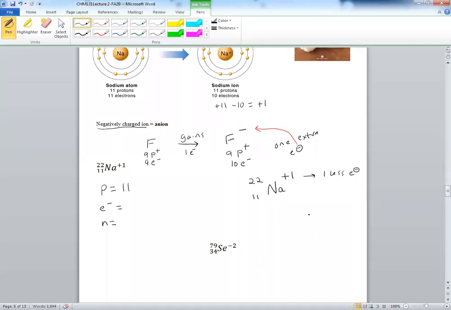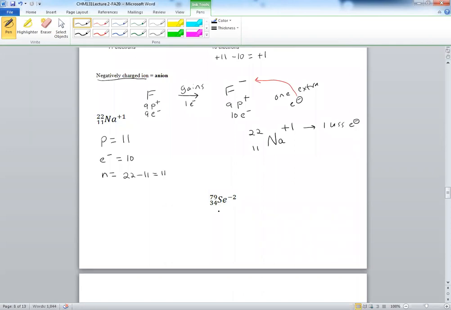As humans, we think positive means a gain. Well, it's actually a gain of a positive charge, but the number of protons didn't change. What happens is you removed an electron, so there's one less electron. Since we have 11 protons, we're going to have 10 electrons. Of course, the number of neutrons stays the same: 22 minus 11, which is also 11.